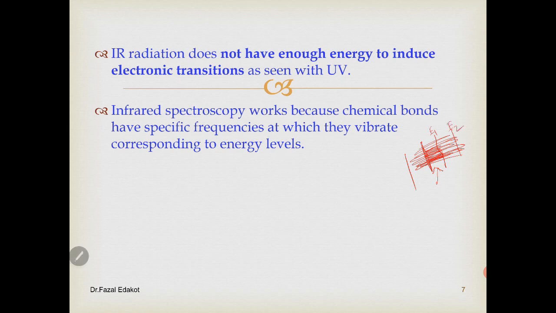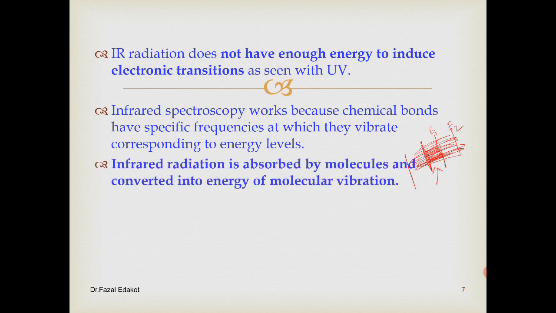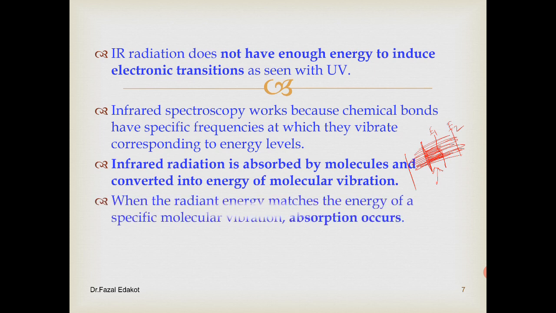Infrared spectroscopy works because the chemical bonds have specific frequencies at which they vibrate corresponding to energy levels. Infrared radiation is absorbed by molecules and converted into energy of molecular vibration. When the radiant energy matches the energy of the specific molecular vibration, absorption occurs.